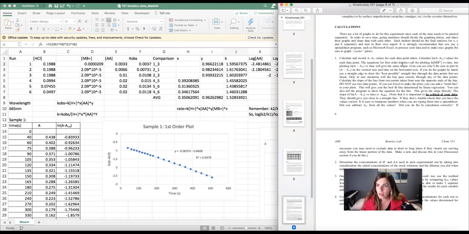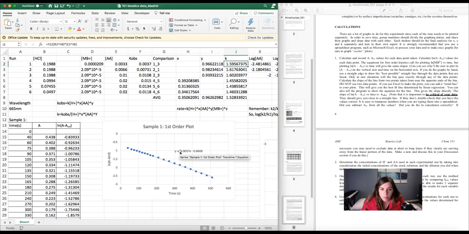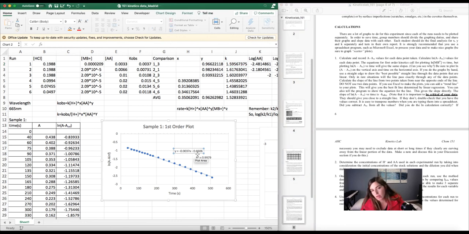And then you plotted the natural log of A minus A infinity, which is the same thing as plotting the natural log of methylene blue concentration versus time. So you did that 6 different times, and then remember your slope was your negative K observed value, which you took 6 of them and you put it right here in this column.